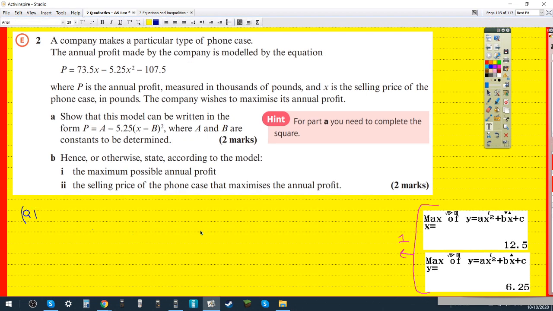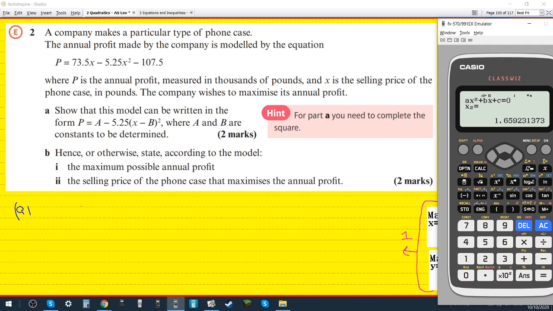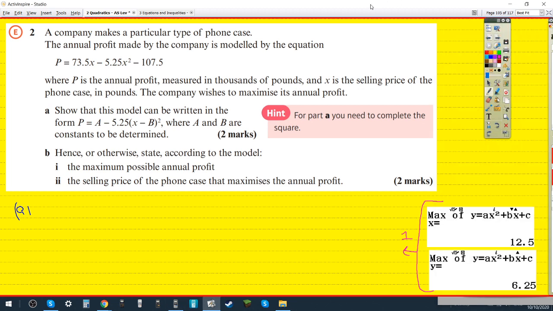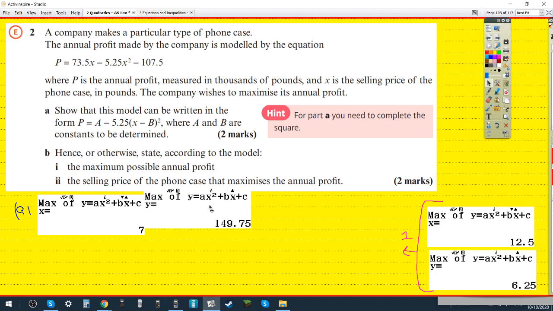Would x1 go into A? The completed square form shows you the maximum or minimum, and so it's not the roots that go in. It's the maximum and minimum. Yeah. Okay. So the maximum x is 7. Right. The maximum of y as well is 149.75.